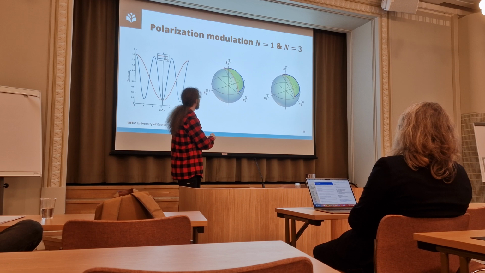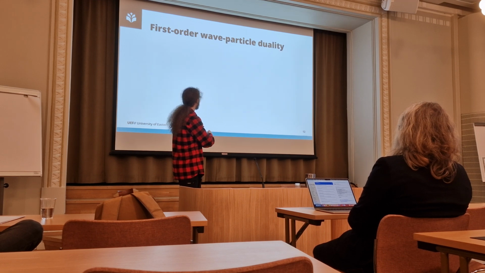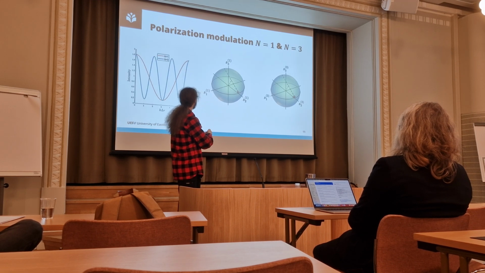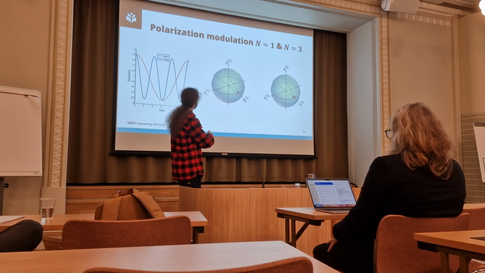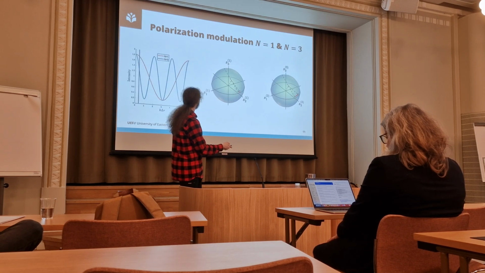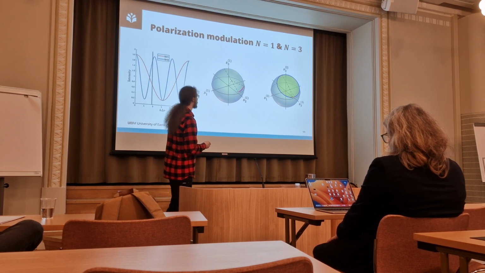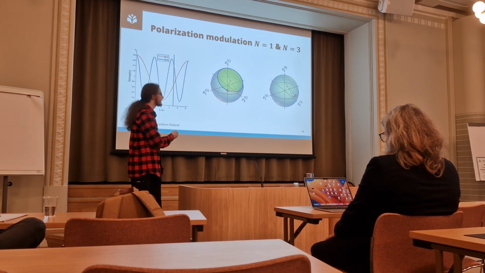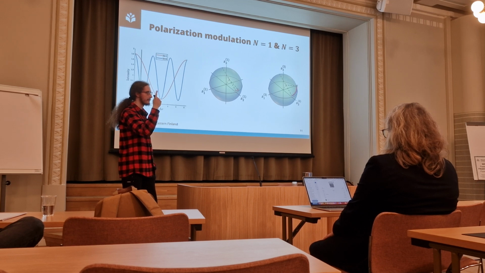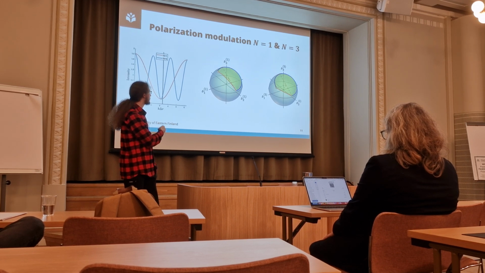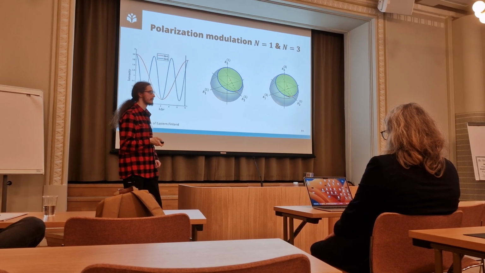In the N3 case there are 3 cycles, whereas in N1 there is only 1. And the blue line describes the circular path as the state evolves, and the red line is the geodesic that connects the start and end points.